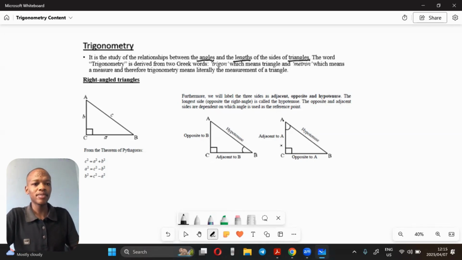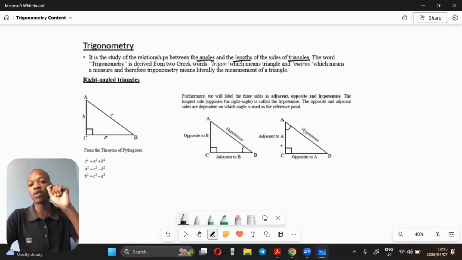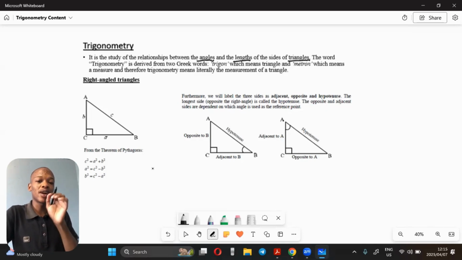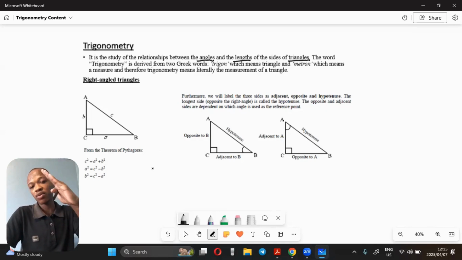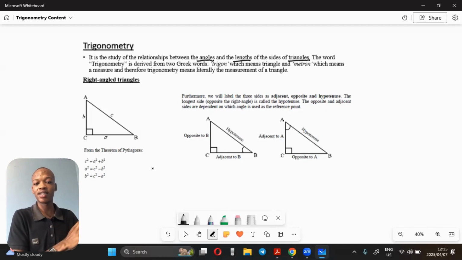And then remember Pythagoras. If you are given 2 sides in a right angle triangle, in order to calculate the third side, you'll make use of the Pythagoras theorem. Whenever you are calculating the hypotenuse, it will be the hypotenuse squared equal to the sum of the squares of the other 2 sides.